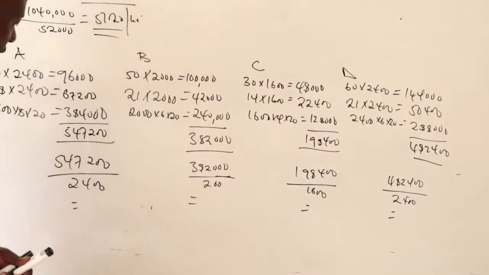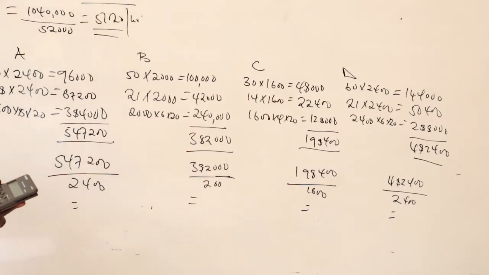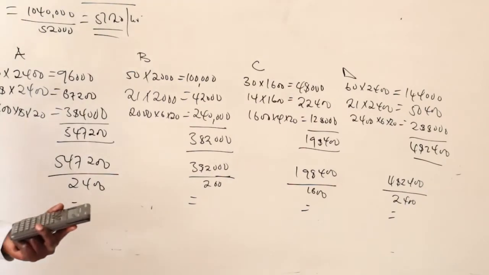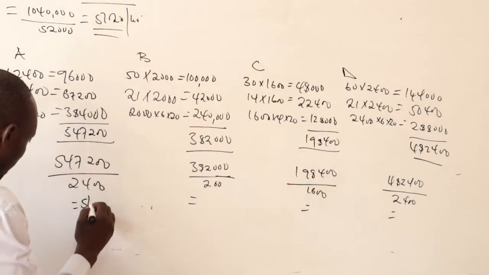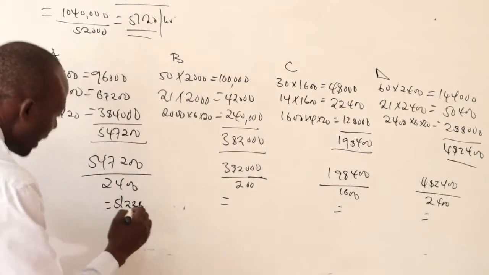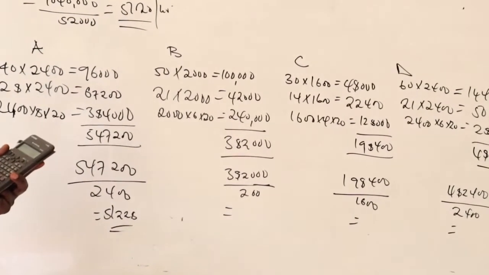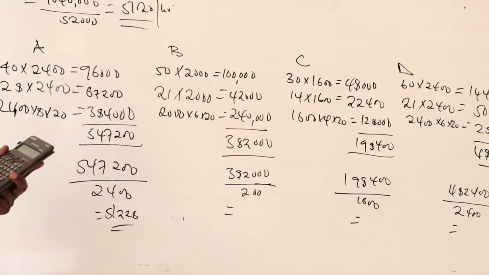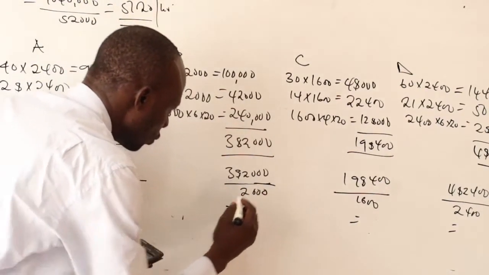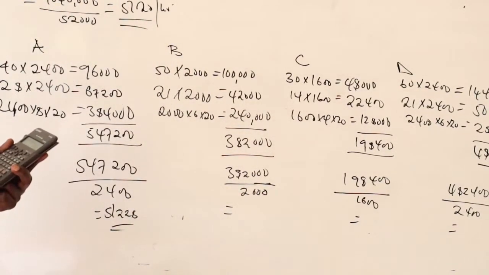So let us do it very fast. The first one, the total cost 547,200, you divide by 2,400. The cost per unit is 228 shillings. This is 382,000; you divide by 2,000.